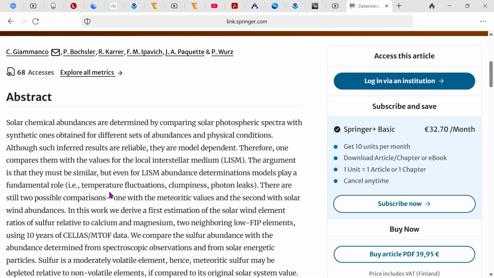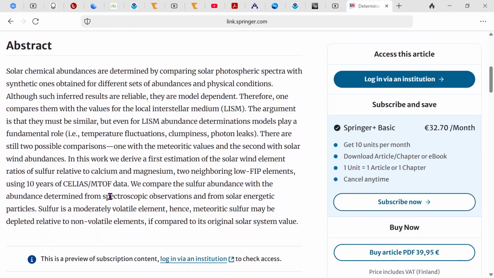Therefore, one compares them with the values for the local interstellar medium. The argument is that they must be similar, but even for those, abundance determinations model play a fundamental role, i.e. temperature fluctuations, clumpiness, photon leaks. There are still two possible comparisons, one with the meteoritic values and the second with solar wind abundances.